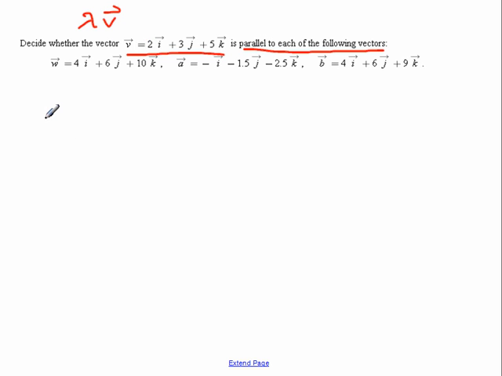So if we think about vector w, and if we look at its x value compared to v's x value, it looks like vector v is being multiplied by 2. Let's make sure that is true. 3 times 2 gets us 6. 5 times 2 gets us 10. So this is true, so w is parallel.